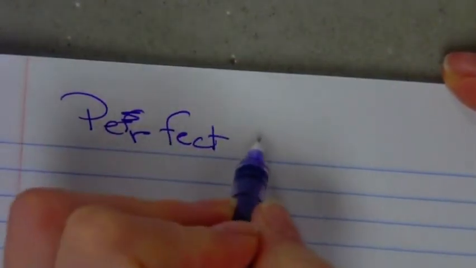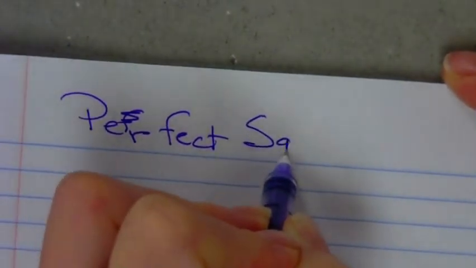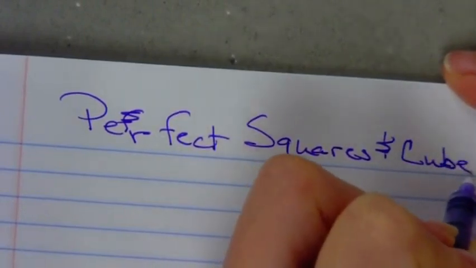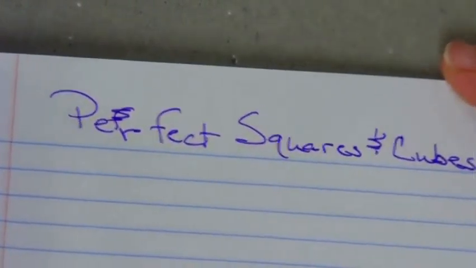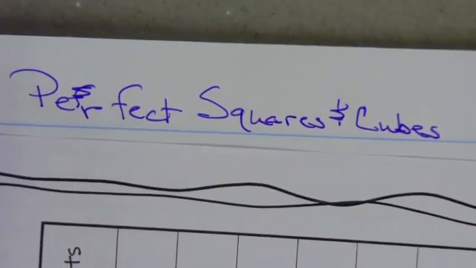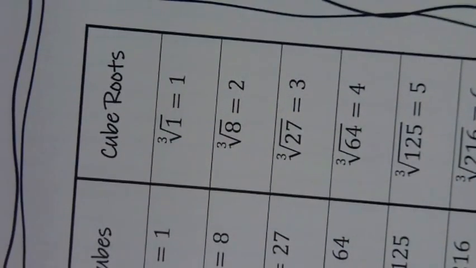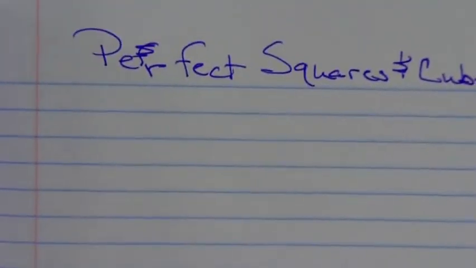And then we're going to do perfect squares and cubes. And again, we're just going to glue it in like this so that we can look at it when we need to. I'm going to keep mine out just so that it's quicker for the notes, and so I can show you as I'm doing the notes.